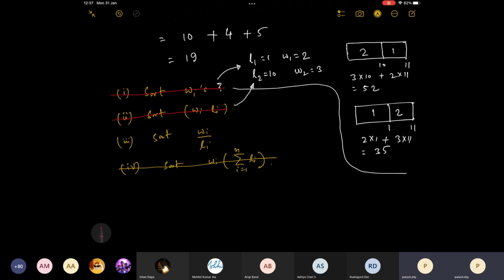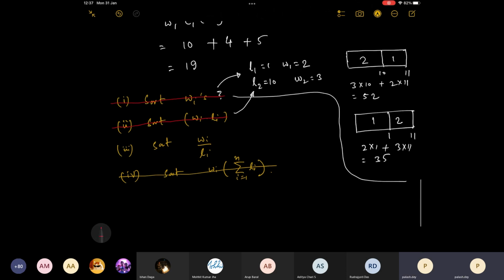Okay, so now instead of telling you the answer for the third one, which looks correct, let me leave it at this point, and let me give you a systematic approach of how to tackle greedy algorithms, how to apply the greedy algorithm design technique to a problem. So first, you should always try to make the problem simple.